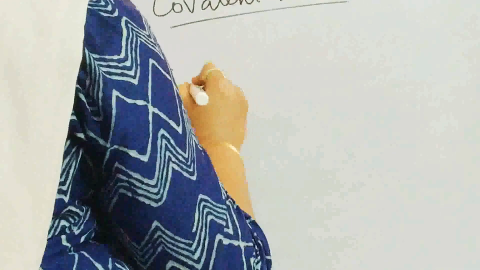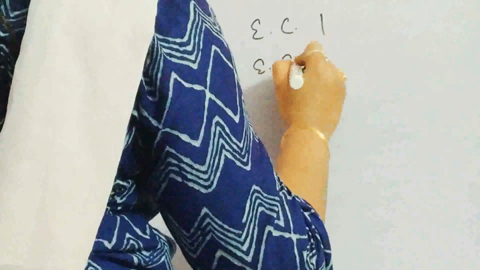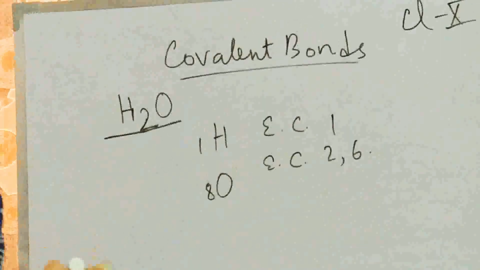Coming to the water molecule, H2O. Hydrogen and oxygen are the two combining atoms. Hydrogen has electronic configuration 1, oxygen, atomic number 8, has electronic configuration 2, 6. Now what is happening?